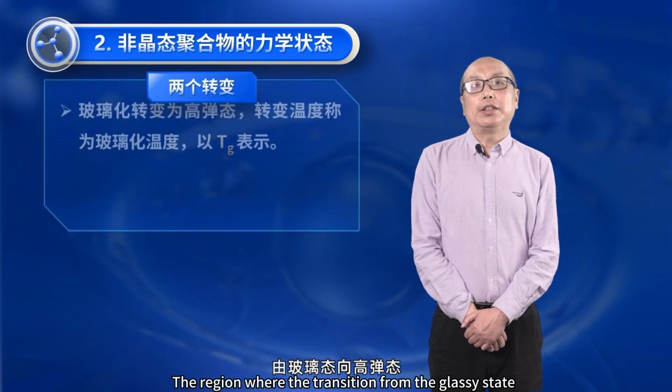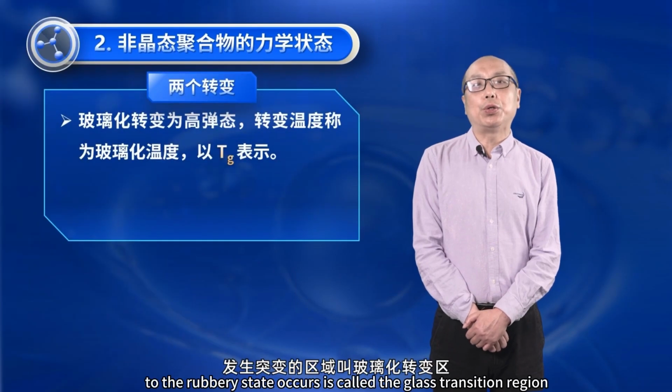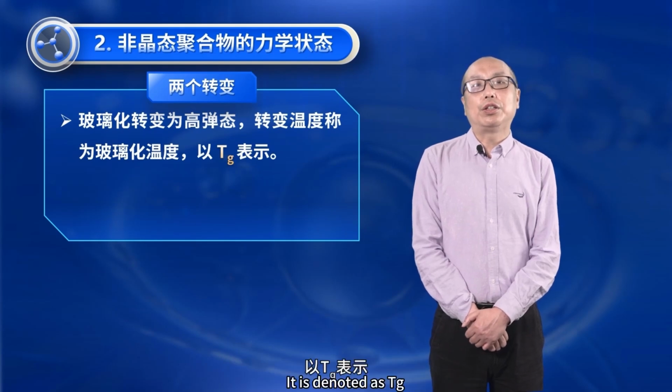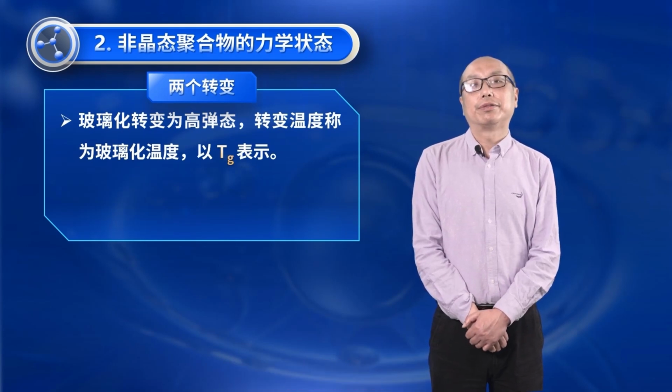The region where the transition from the glassy state to the rubbery state occurs is called the glass transition region. The temperature at which this transition occurs is called the glass transition temperature. It is denoted as Tg.